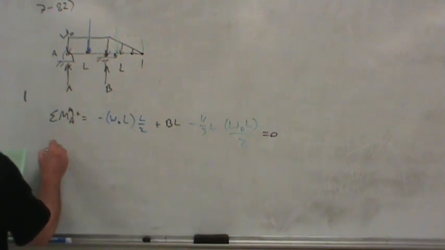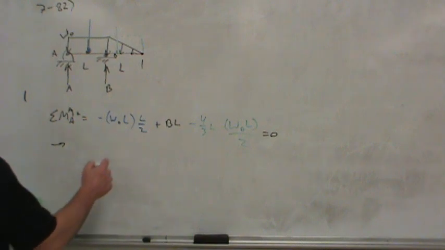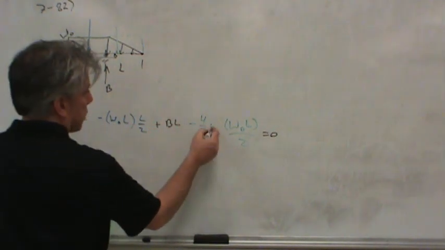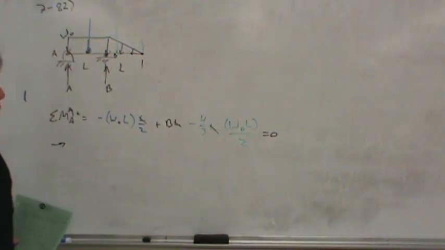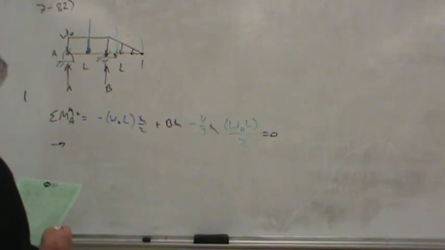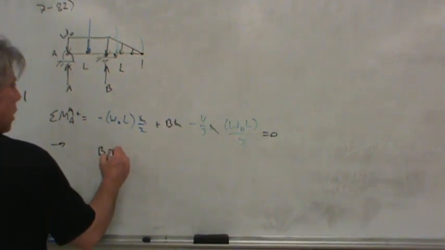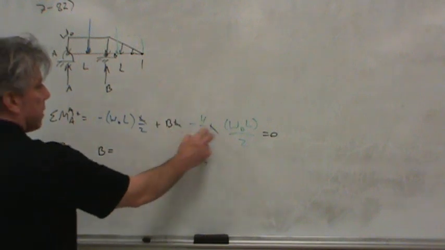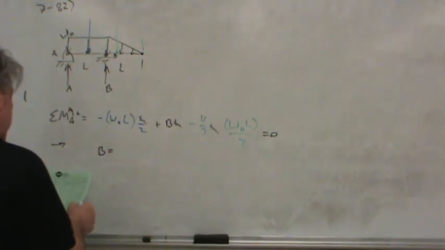Anyway, rearranging this equation, we can cancel a few things. You notice we have L in each term, so why don't we just go ahead and get rid of one of those L's to begin. And then we can calculate B by simply moving everything to the other side.